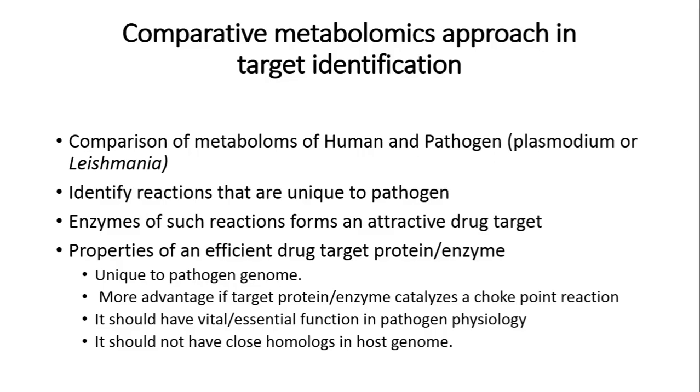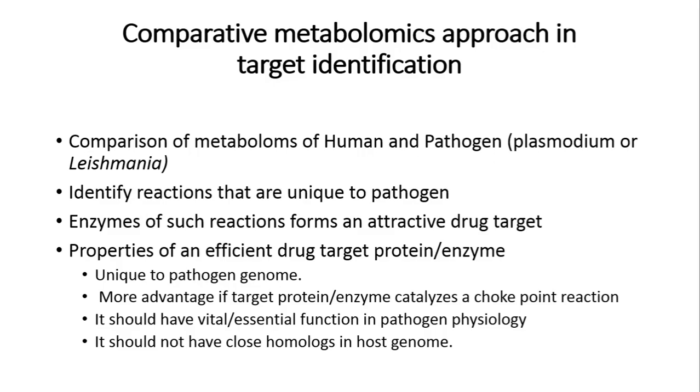That means it is entirely possible that in due course of evolution, Plasmodium or Leishmania might have evolved certain metabolic pathways that are not present in human, or on the contrary, humans might have evolved some metabolic pathways that are not present in this pathogen.